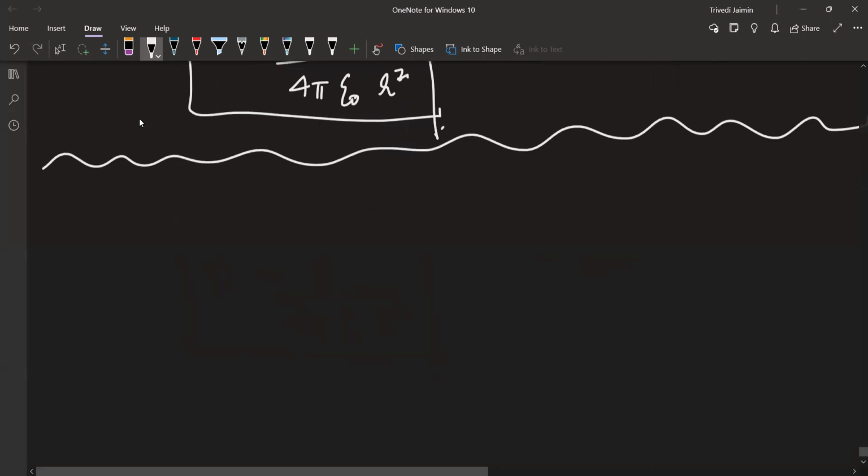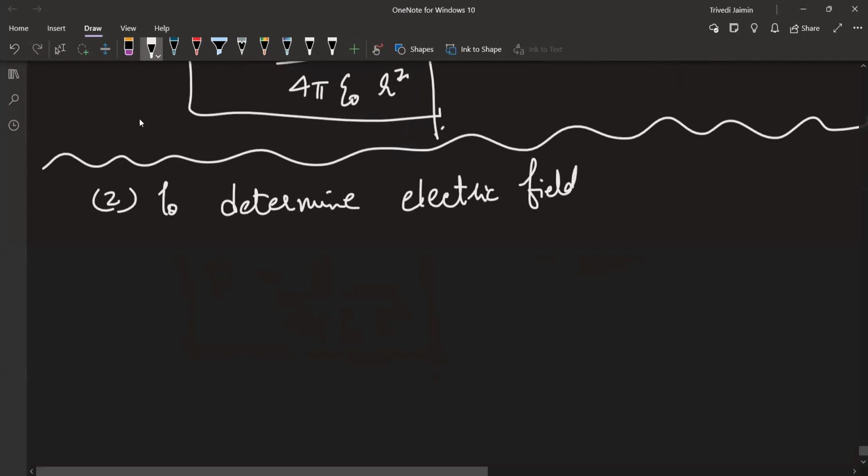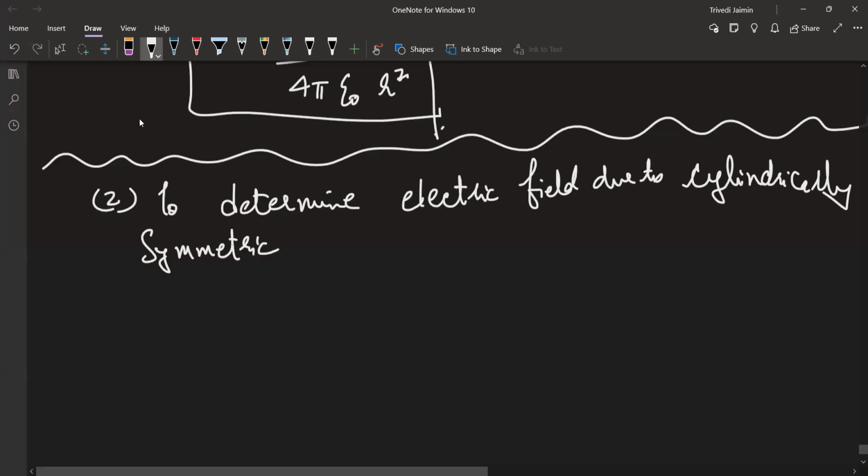Second, electric field due to cylindrically symmetric charge distribution.